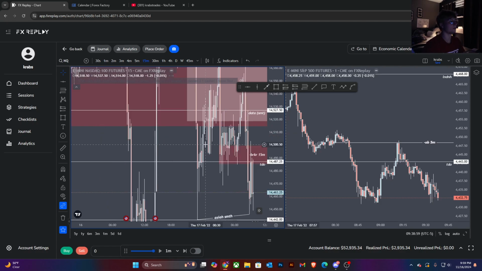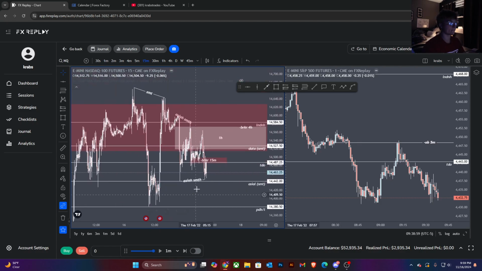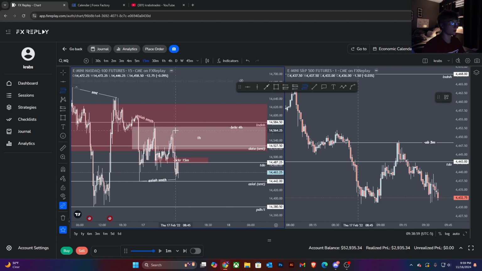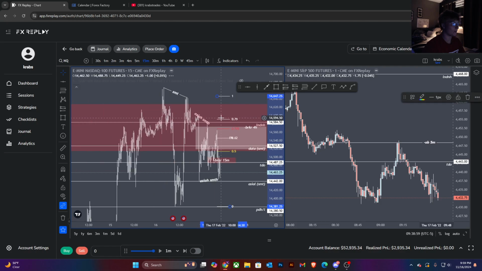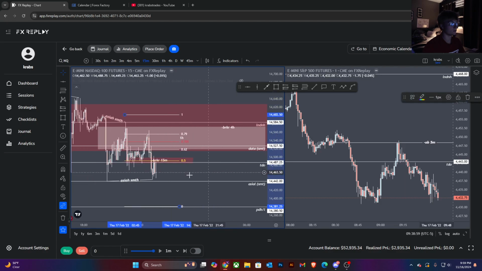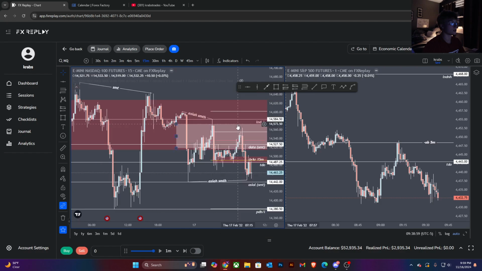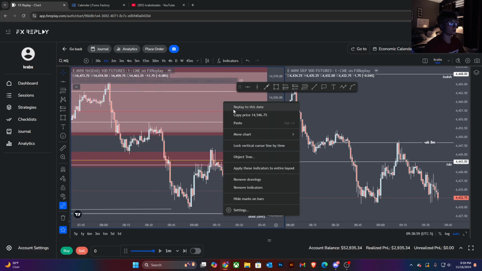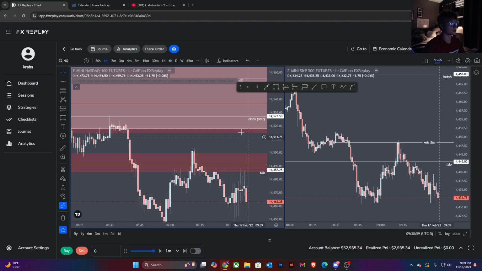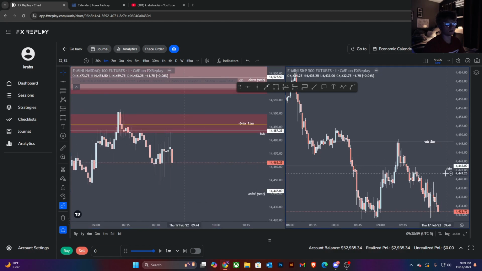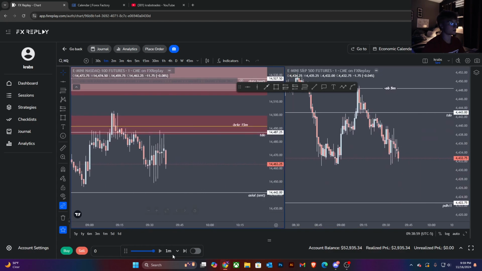Also, let's pull a FIB here, see where we're at. Equilibrium was hit. Respecting bearish OTE. Still like shorts for sure. OTE respected. Let's see if we can get a run higher, then maybe some shorts.